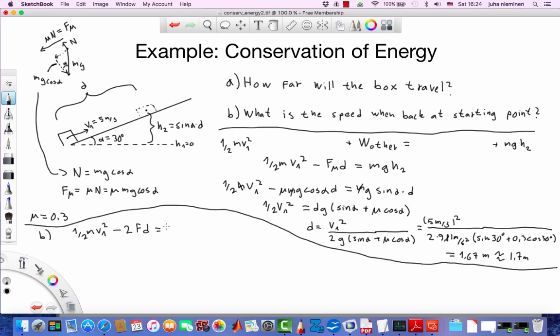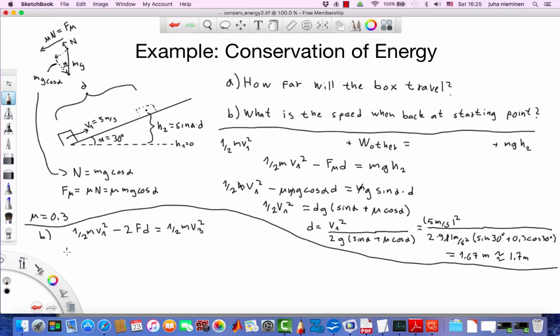And the final position back at the starting point only has kinetic energy again. Let's call this v3. If point 2 is here, then point 3 is again back down. And we know what F is. Its magnitude is constant, like we solved here.